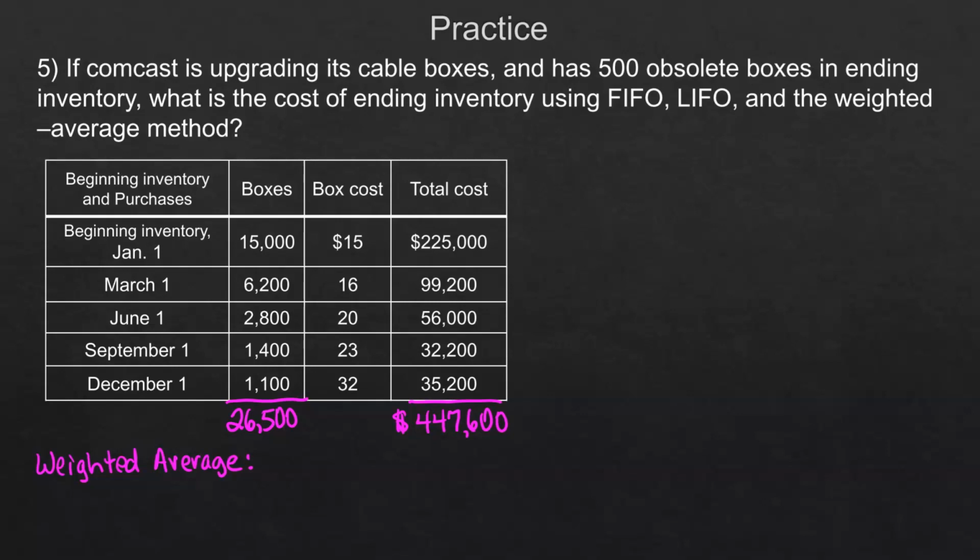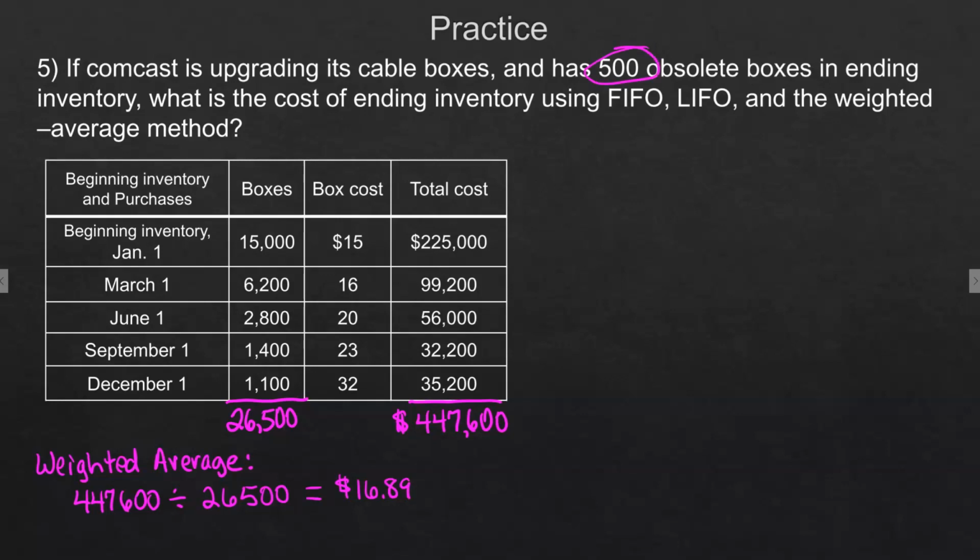Okay, so I'm just doing weighted average because I need those two numbers that I just wrote up above. So we're going to take the 447,600 and divide by the number of boxes. So cost divided by the number gives us the average price. And the average price per cable box is $16.89.